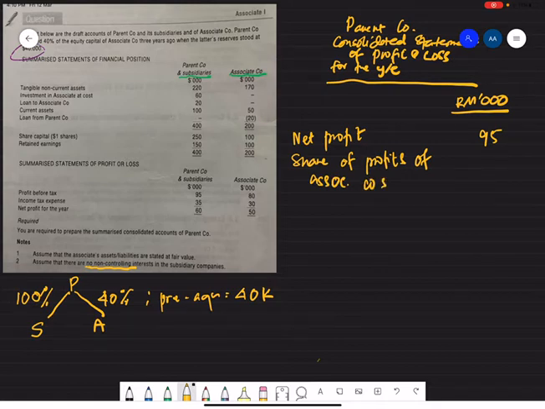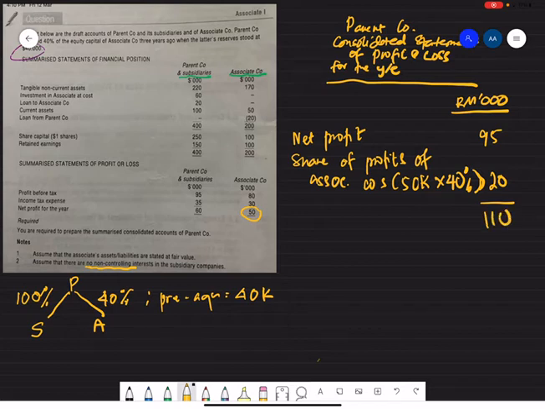In this case, the net profit after tax of associate company is 50,000 times the percentage of share, 40%, which is 20. So you add 95 plus 20.